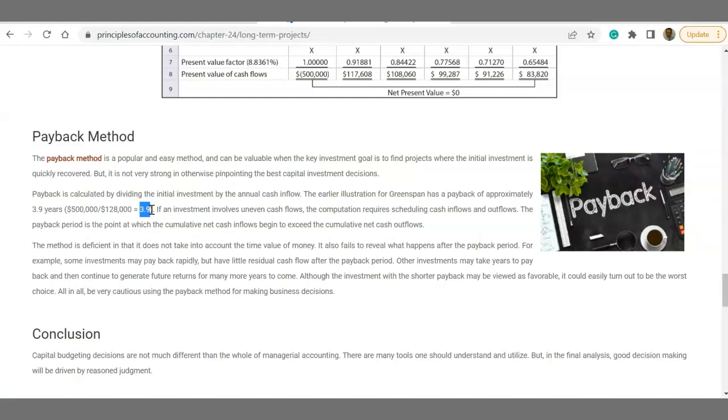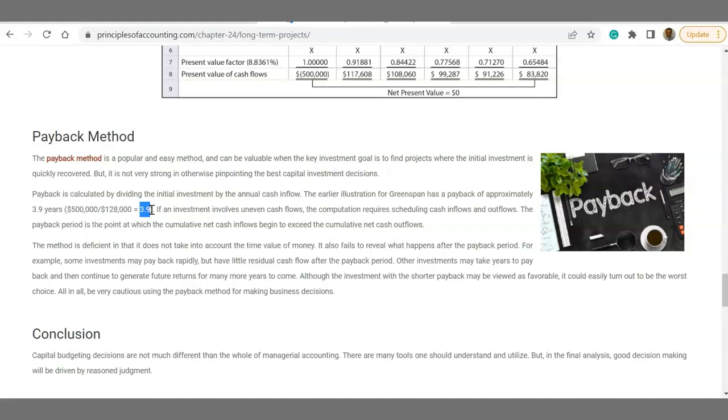Because this project is not paid by 3 years, it has more than a 3 year payback period, so it will not be accepted. If management says my minimum payback period is 5 years, then 3.9 will be a good candidate. But again, the payback period is not using the present value method.